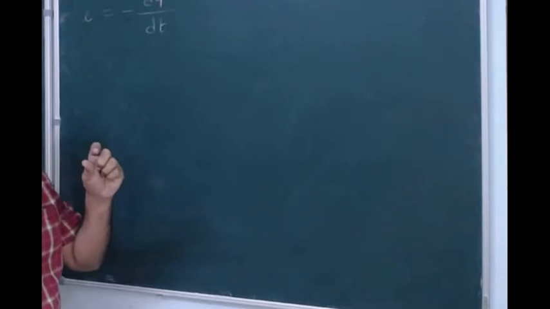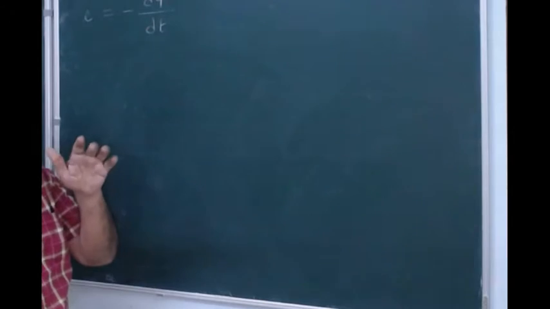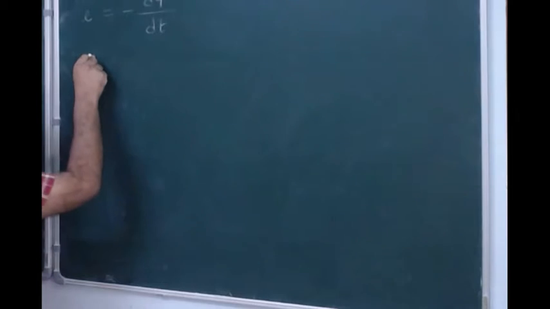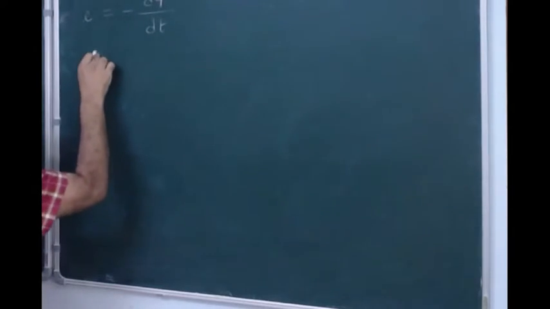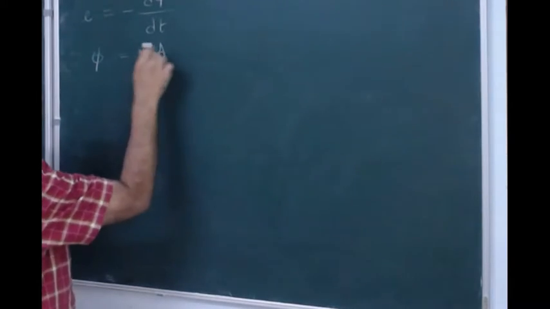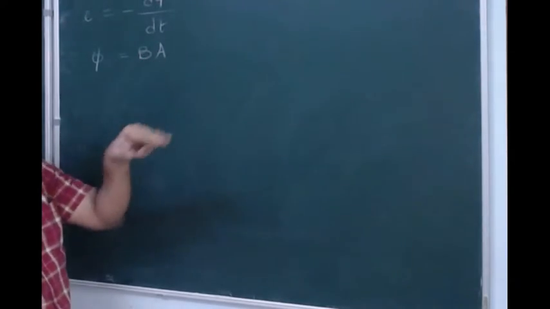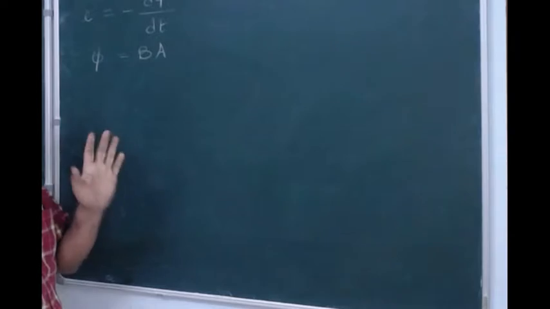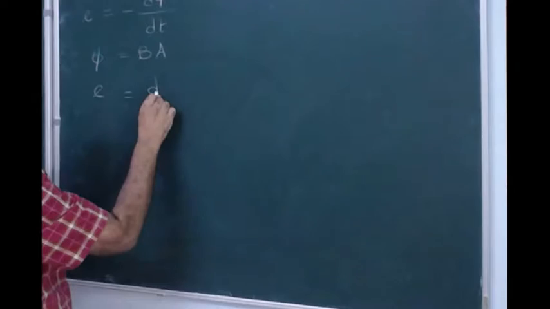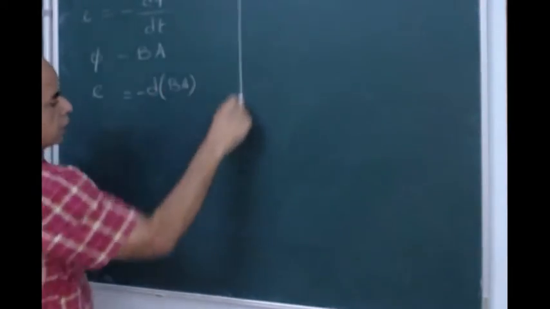Phi is given by B into A into cos theta, where cos 0 is equal to 1, so we consider only BA. Phi is the magnitude of the magnetic field and the area enveloped by the conductor. So E is equal to minus d of BA divided by dt.